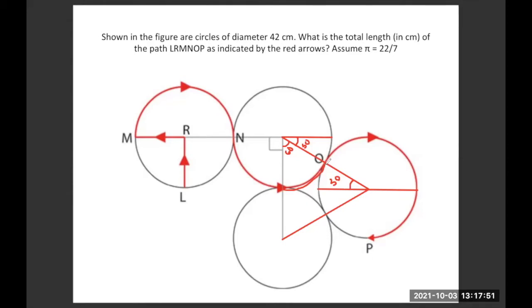तो कितना आएगा ये? और there is one more arc similar to that यहाँ पे. So you calculate one arc and you will get the length of another arc also. बराबर है?